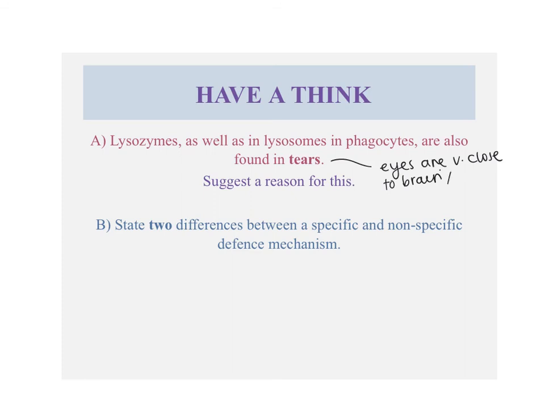Okay? Visual or sense organs. Hopefully, if we can destroy everything before it gets into our eyeballs, then we should be a little bit protected. And 2 differences between a specific and a non-specific defense mechanism. Non-specific doesn't have a target.